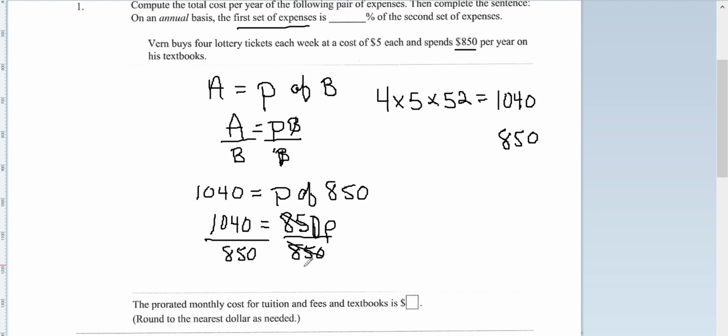The 850s cancel out, so P equals 1040 divided by 850, which is 1.22, and then we have to change that to a percent. So we'll move that over 2 decimal places, and our answer is 122%. You can multiply 1.22 times 100, or just move the decimal over 2 places as well. So there is our answer: the first set of expenses is 122% of the second set of expenses.